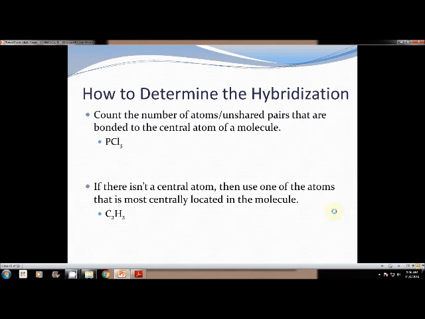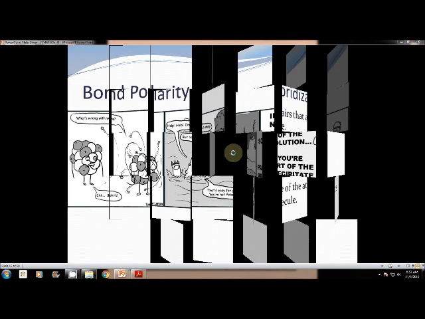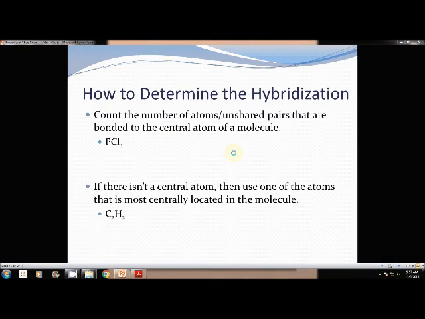So how to determine our hybridization? We're going to count the number of atoms and unshared pairs that are bonded to the central atom of a molecule. So we have to draw the Lewis structure first. So we have PCl3. Phosphorus is going to be our central atom, and phosphorus has 5 valence electrons.